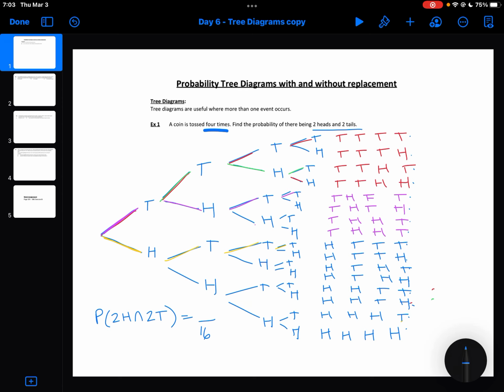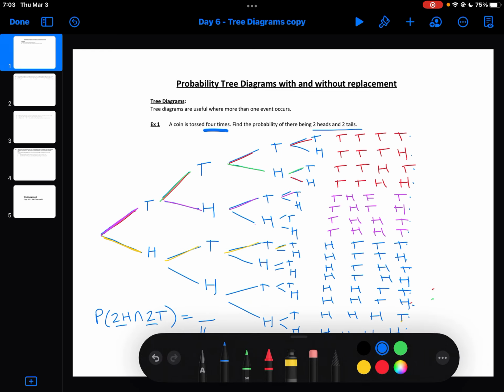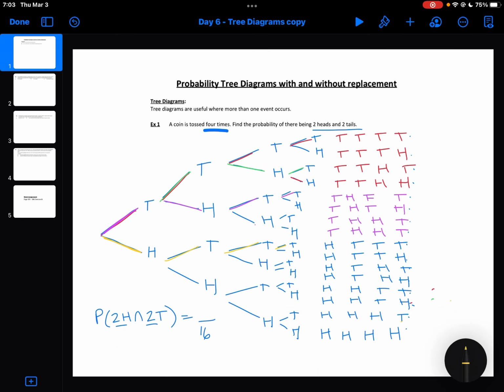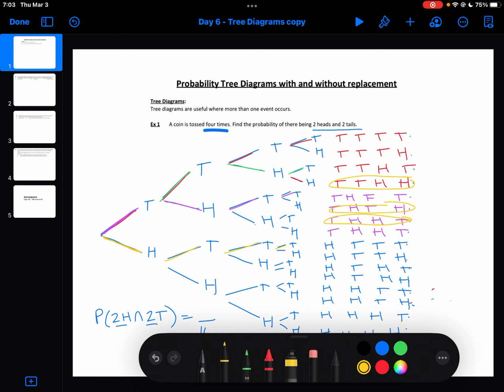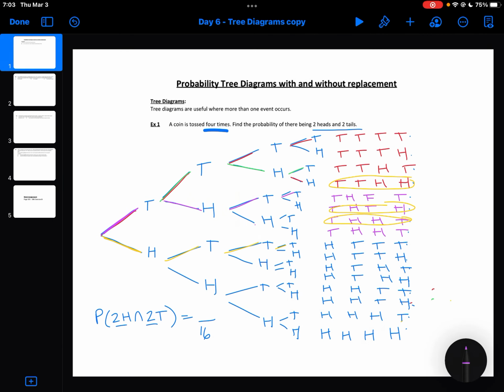And so I can figure that out by looking at the number of ways that I would get 2 heads and 2 tails. So going through, I will use yellow this time because I'm highlighting. So I'm looking for 2 tails and 2 heads. So I've got 1, 2, 3. This one should actually be a head at the end.